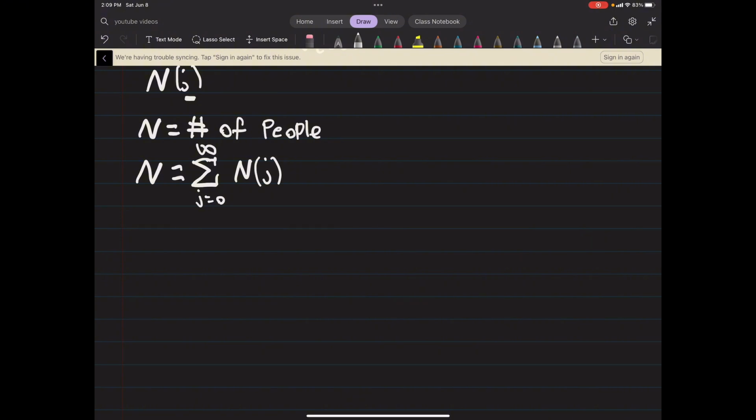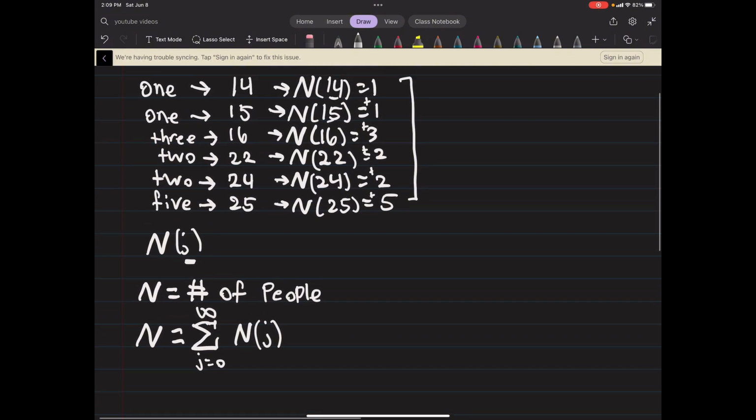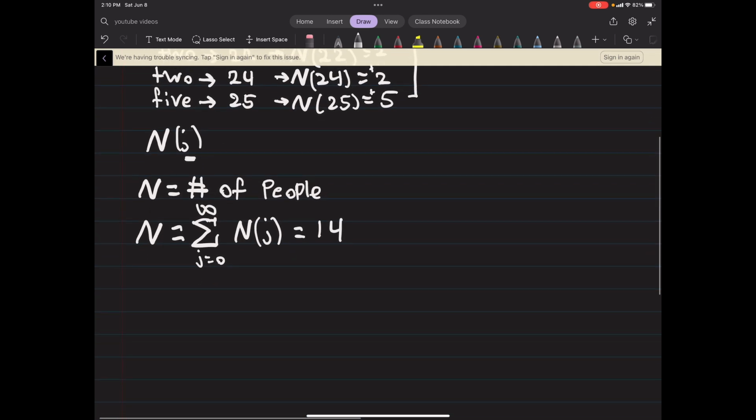Now, if we were to pick a data point at complete random, what is the probability that that person's age is, say, 15? Well, if you count these up, there's 14 people, and there's only one person that's 15.